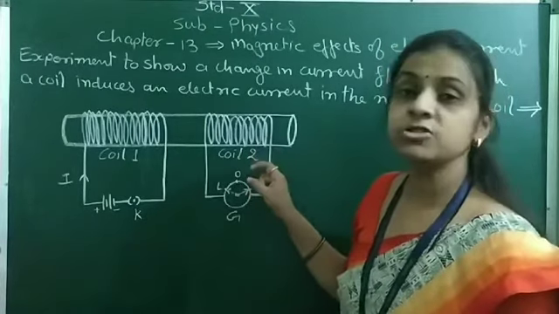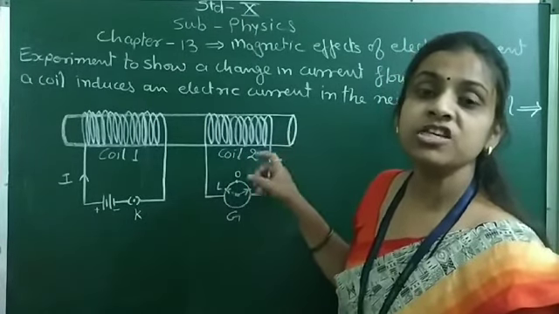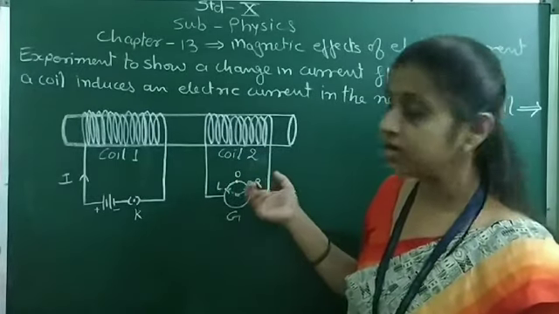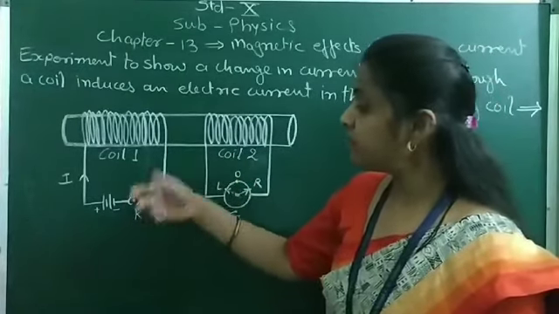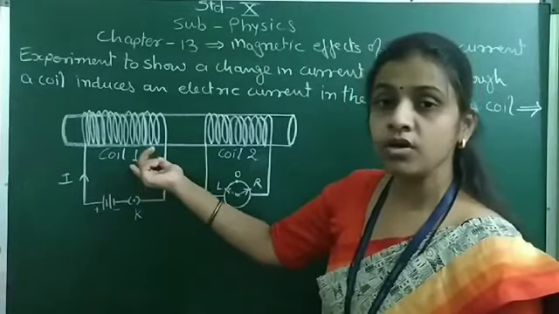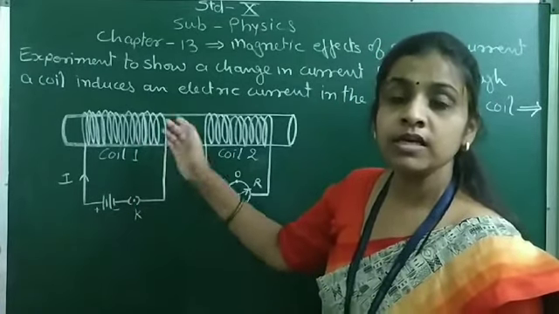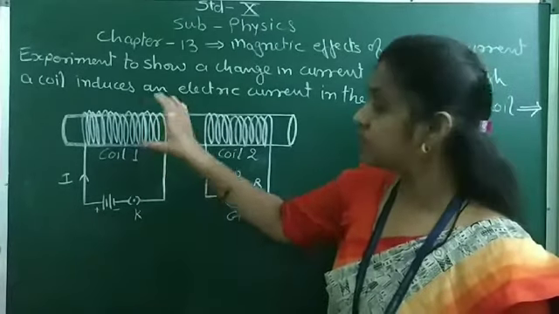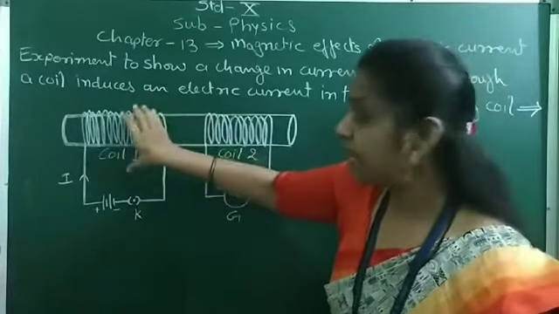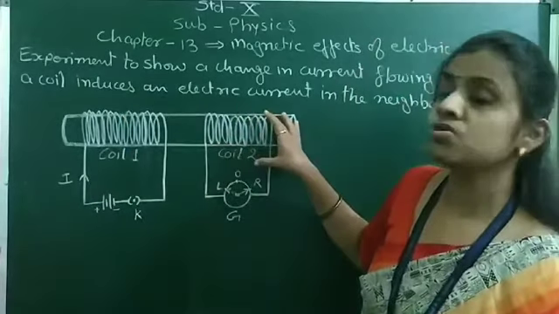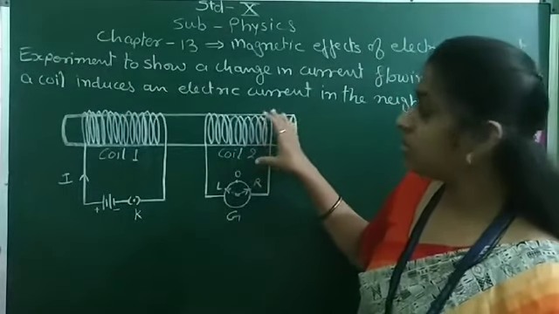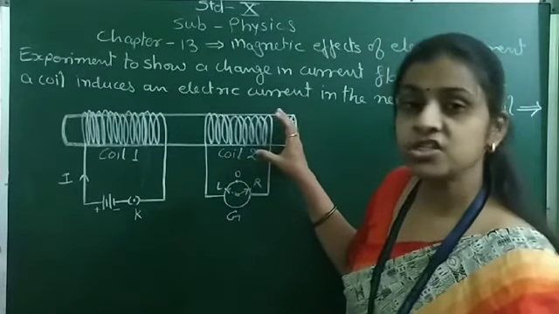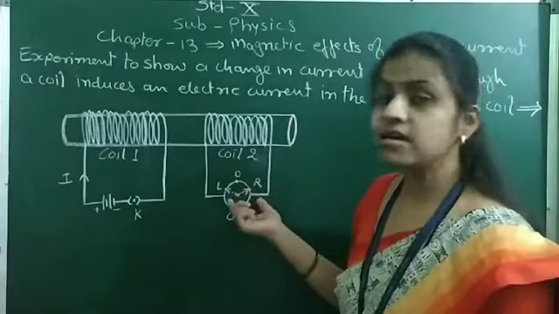Because as there is a change in magnetic field, that change in magnetic field induces an EMF, which induces the electric current. So whenever current flows or does not flow through coil 1, the magnetic field increases and decreases, meaning there is a change in magnetic field associated with coil 1, and that magnetic field is also associated with coil 2. So there is a change in magnetic field in coil 2, and that change produces a momentary current.